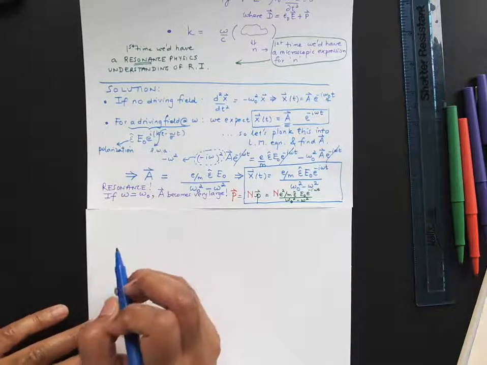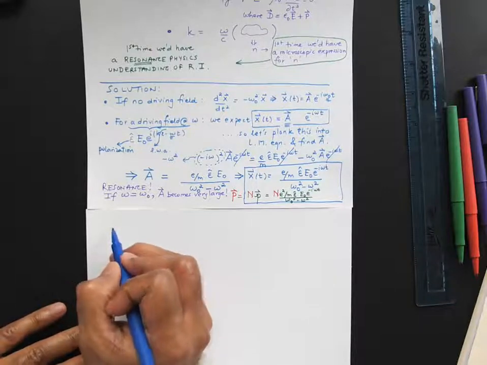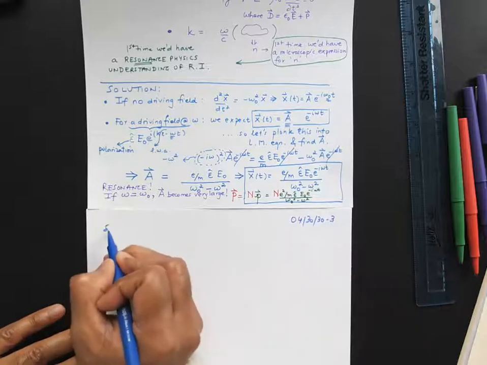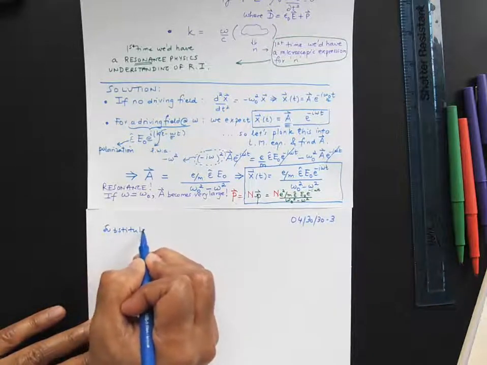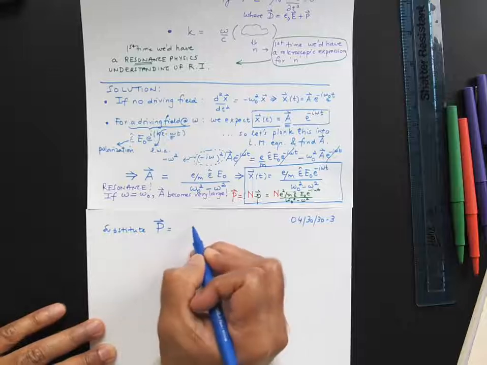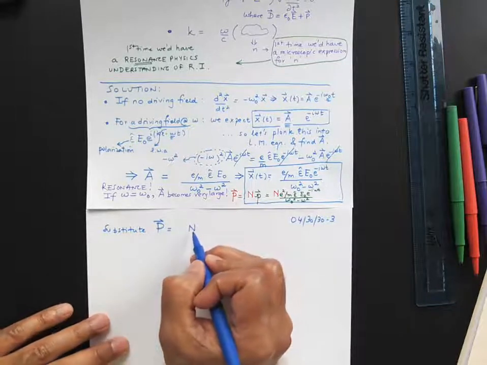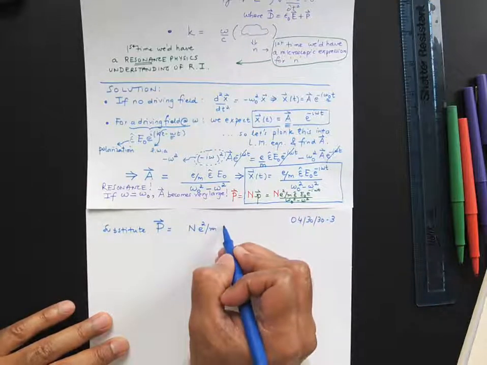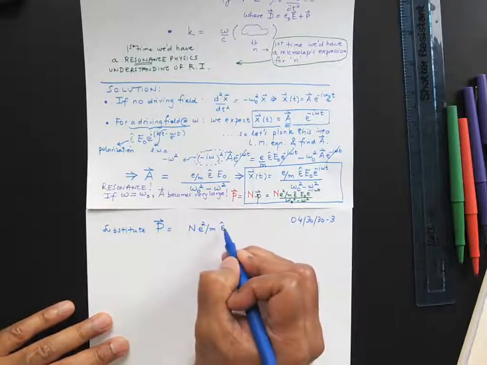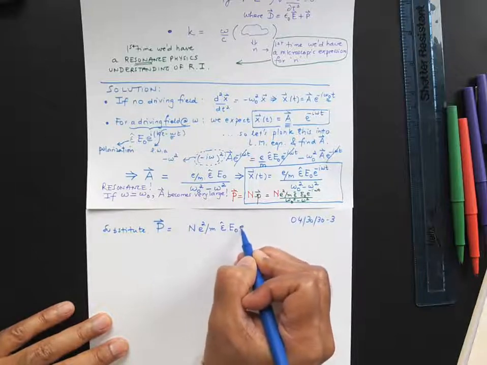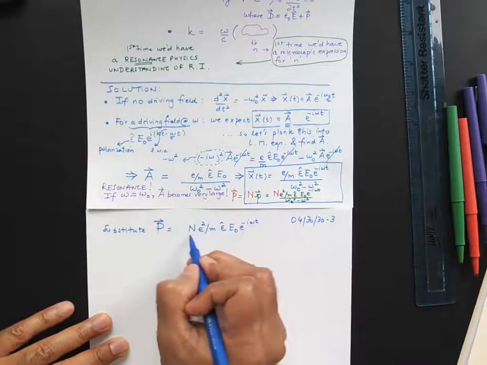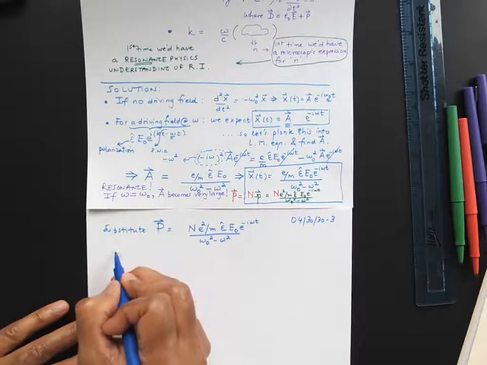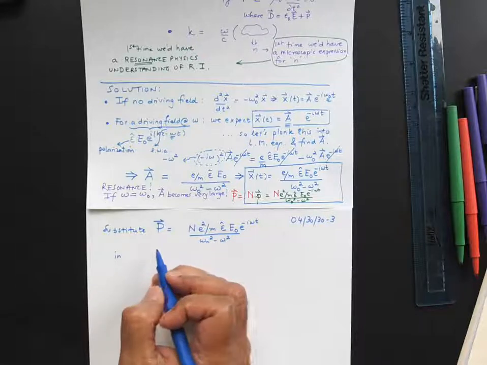So now what we'll do is substitute the polarization, which is equal to the number of dipoles per unit volume, e squared over m, times the polarization of the driving field, the amplitude of the driving field, in the wave equation.